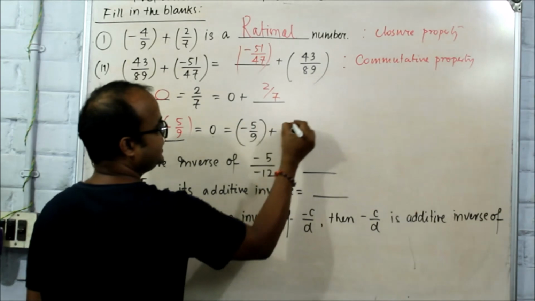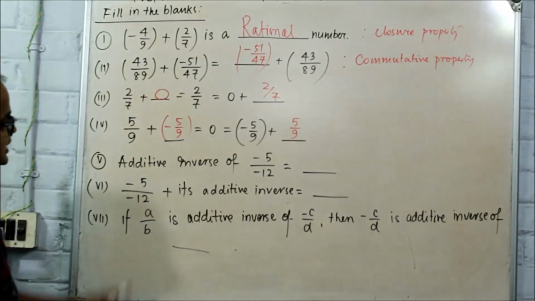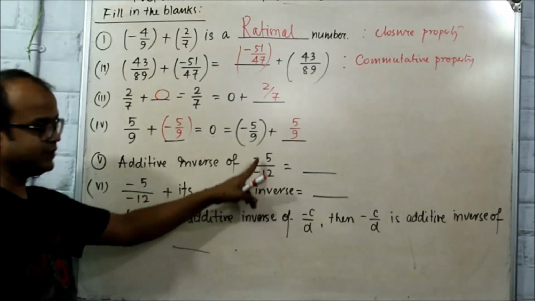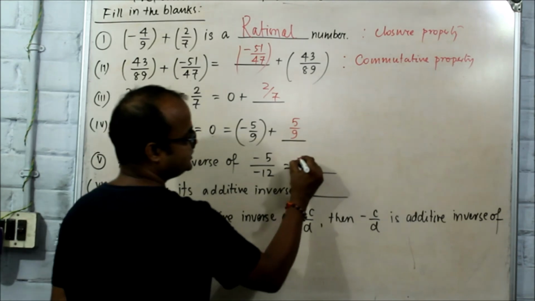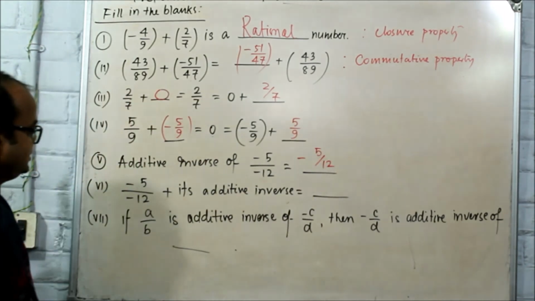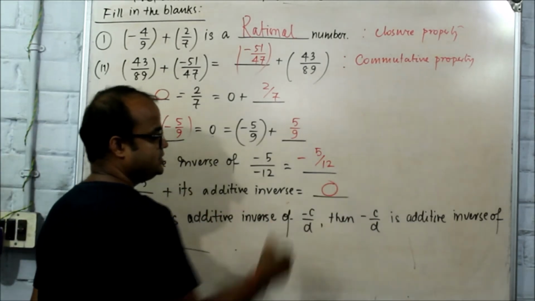So minus 5 by 9 is given. So we need to write 5 by 9. Additive inverse of minus 5 by minus 12. So this is equal to 5 by 12. So additive inverse is minus 5 by 12. A number plus its additive inverse, the result is 0.